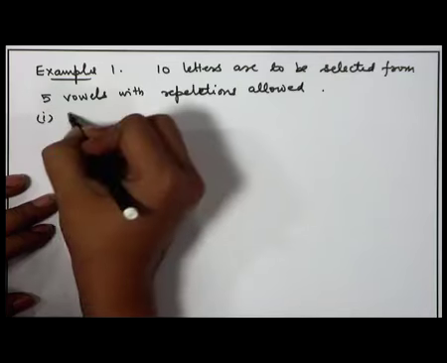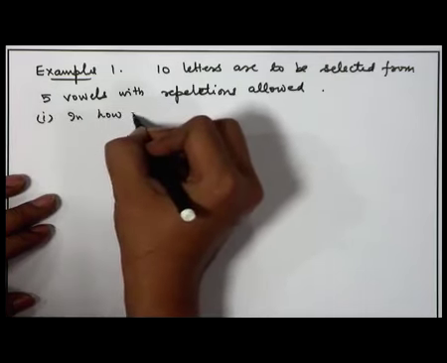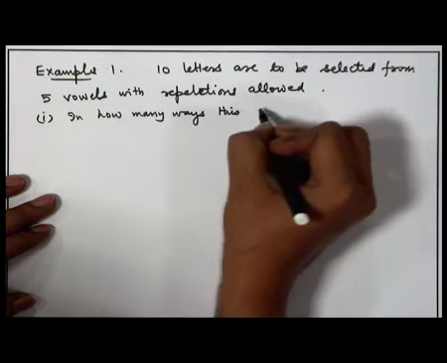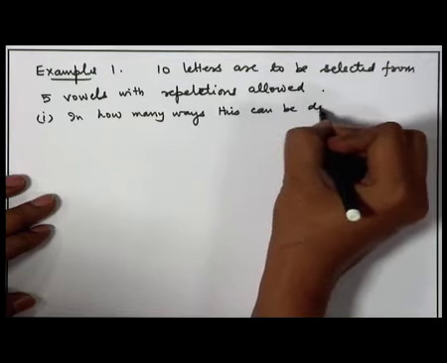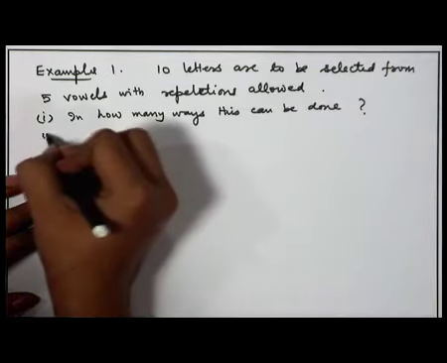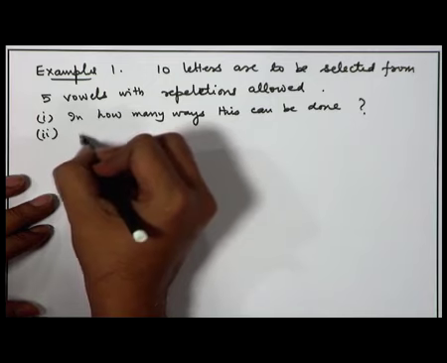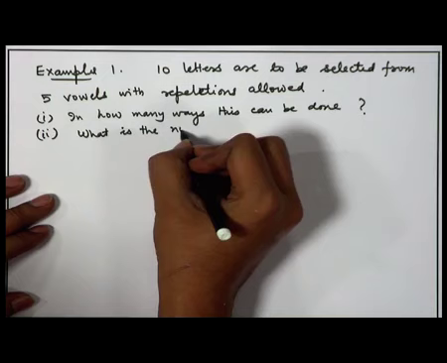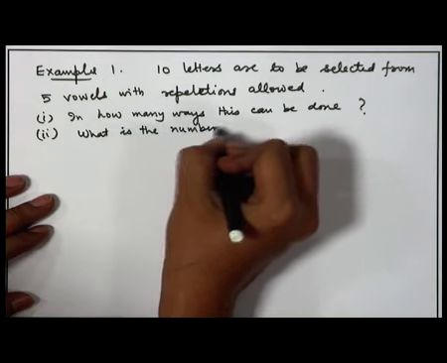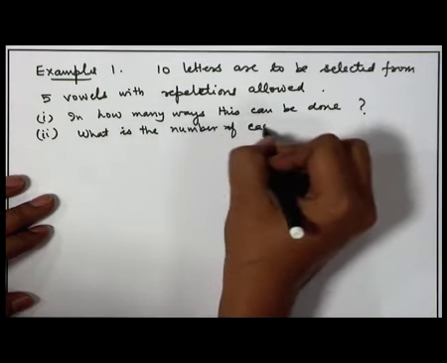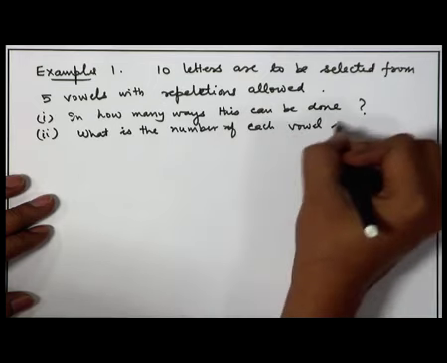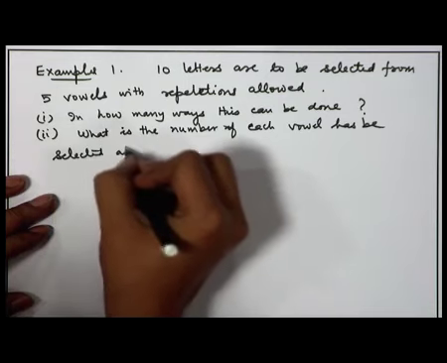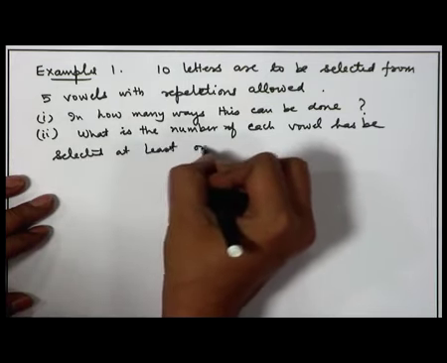So, first, in how many ways can this be done? Second, what is the number if each vowel has to be selected at least once?